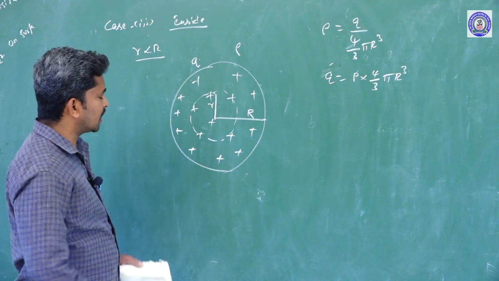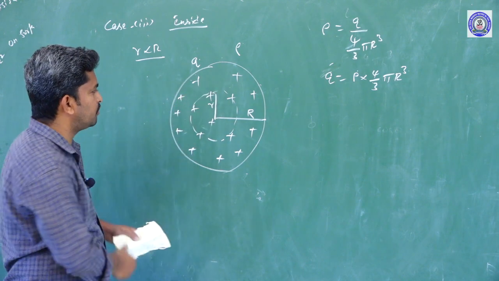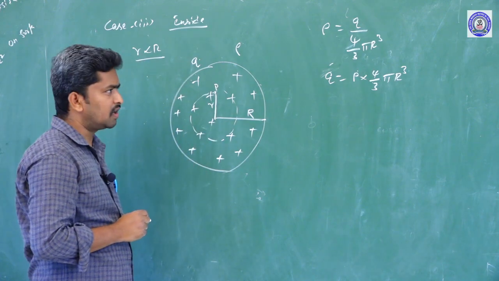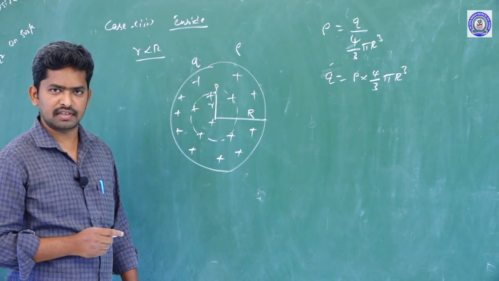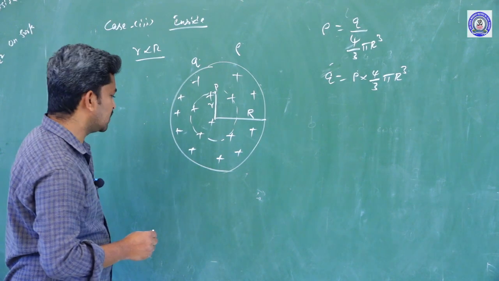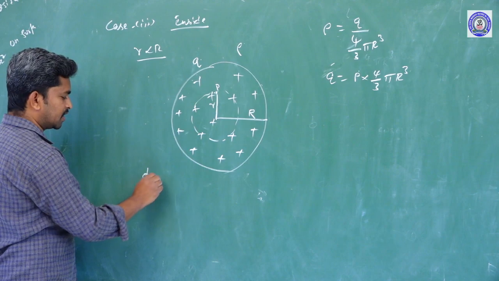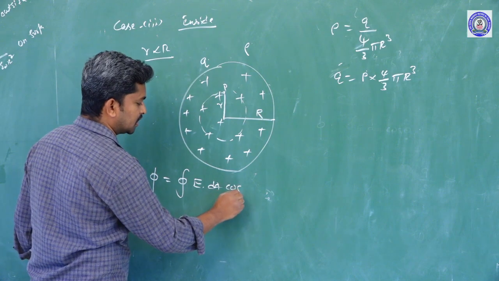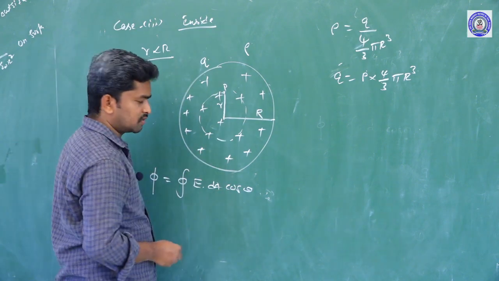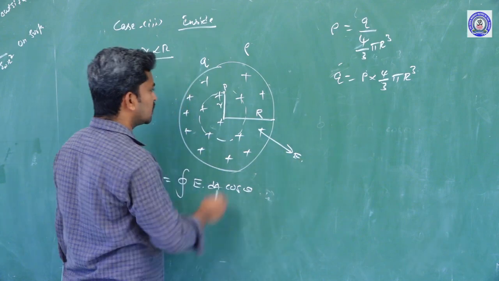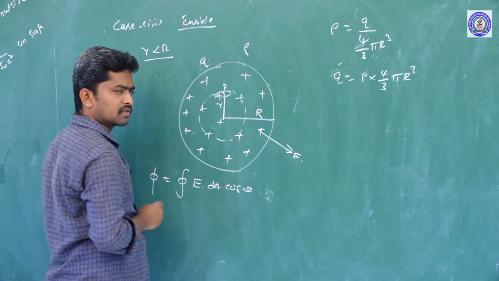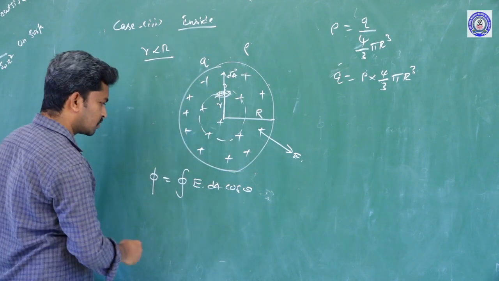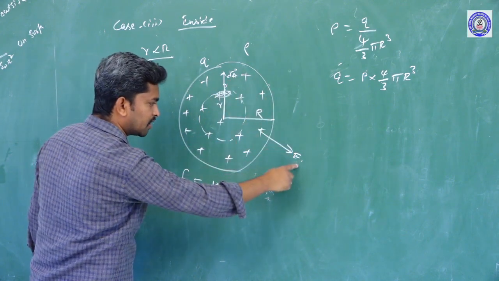I want to calculate the electric field at a point P, at a distance r inside the uniformly charged non-conducting sphere. As usual, the net electric flux phi is equal to the closed surface integral of E dA cos theta. The electric field is in the radially outward direction. Consider one small surface element of the Gaussian surface; dA is perpendicular to the surface, so the dA vector is along the direction of the electric field.